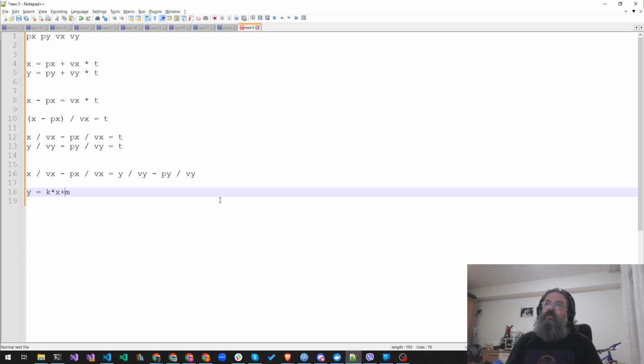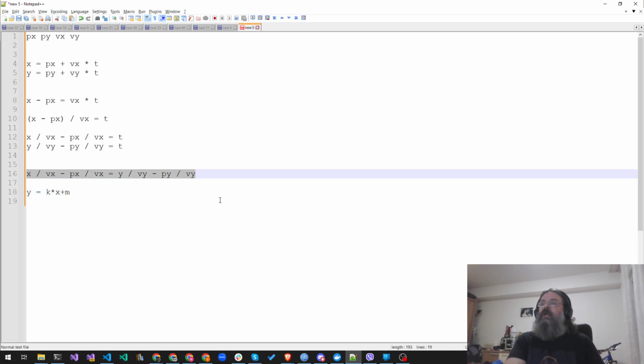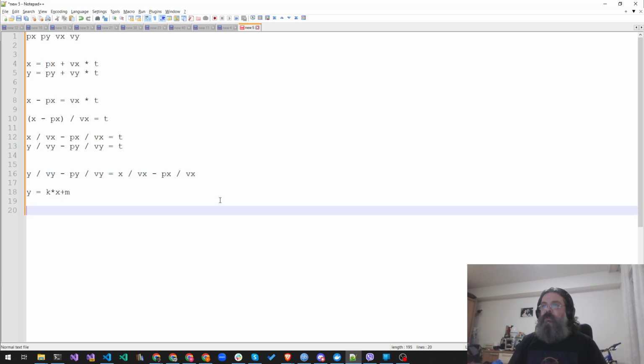So we need to determine k and we need to determine m. That means we actually need to solve this equation for y. So I will write it the other way around: this equals this, and then I will just take this part and move it here. And when I move it, it's going to become a plus.